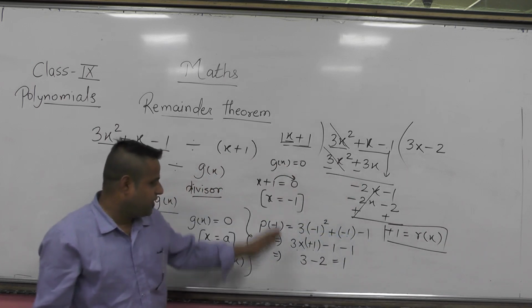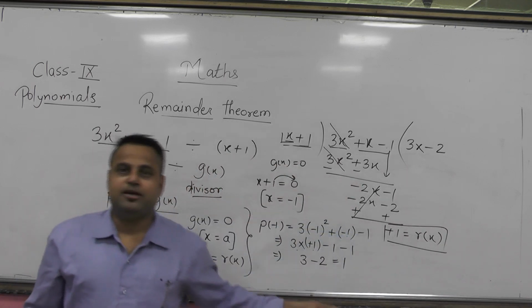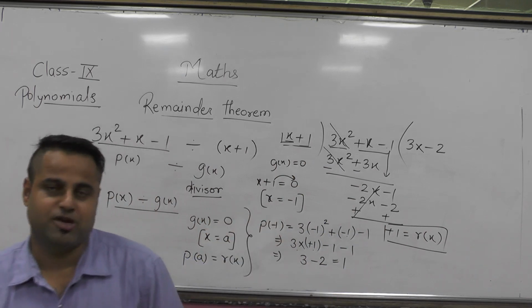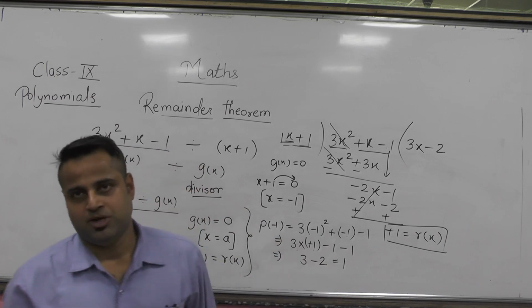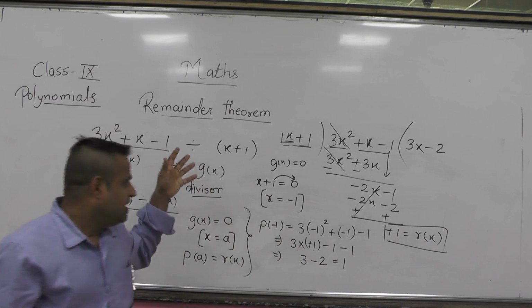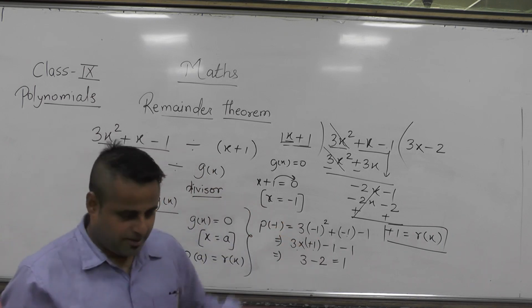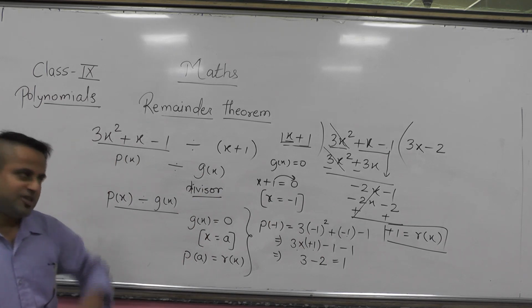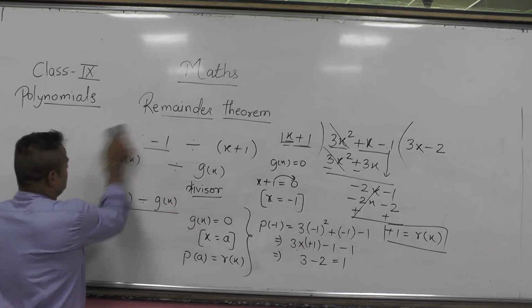So this is the way to find the remainder when a particular polynomial is divided by another polynomial by using the remainder theorem. Okay, it's very essential, it's very easy, it's very useful. Okay, so now let us see one more example, then we will move further to the second theorem.